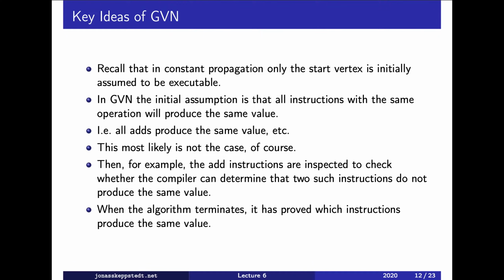Global value numbering does something similarly unrealistic, namely assuming that all instructions with the same operator produce the same result. So in a function, every add instruction is assumed to produce the same result, given that they are integer add, not floating point add. So the type must be the same. Okay, and the same for all other instructions.